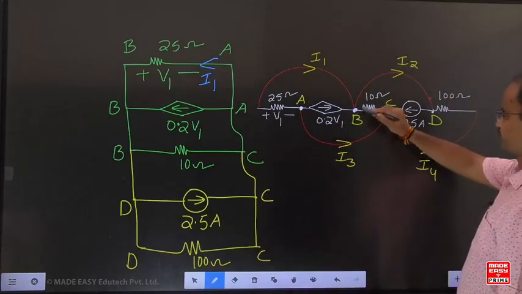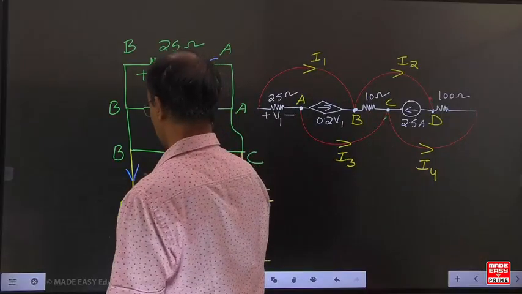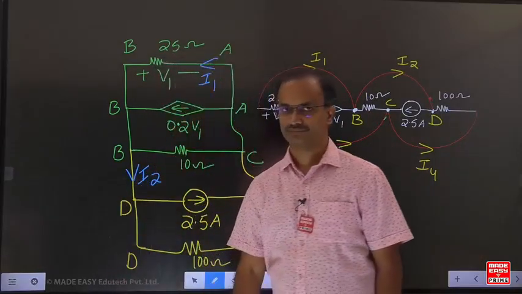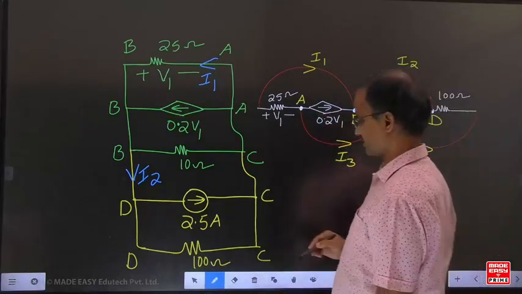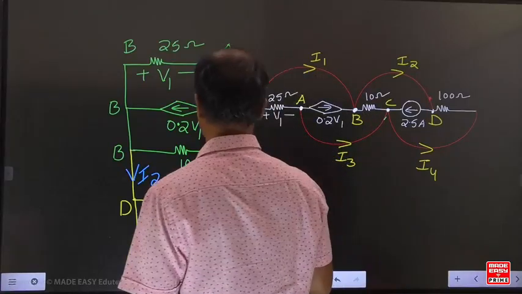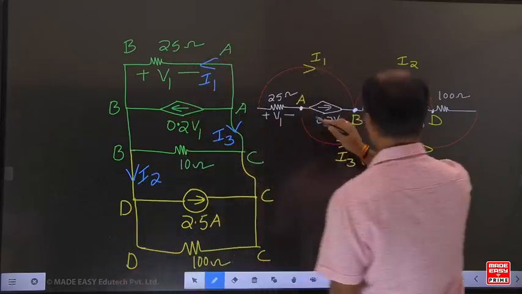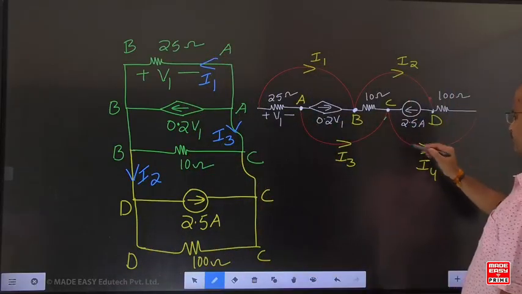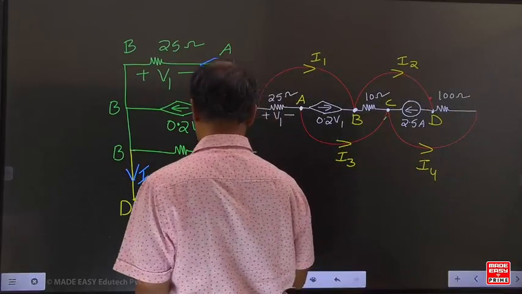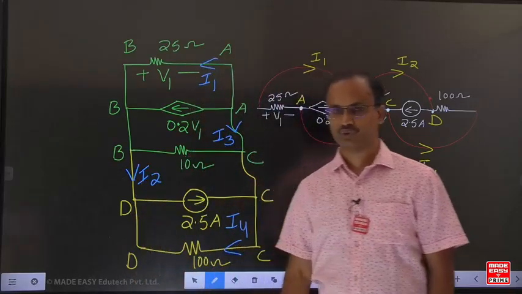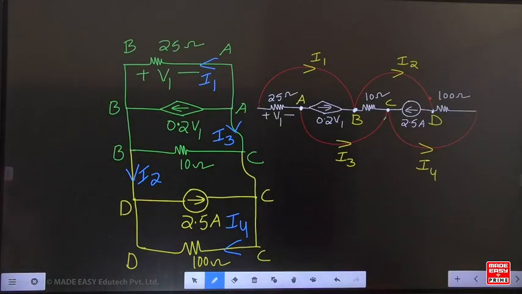I2 current is going from B to D. I3 current is going from A to C. Now I4 is going from C to D in the 100 ohms. Check it. I indicated the respective directions of I1, I2, I3, I4 also.